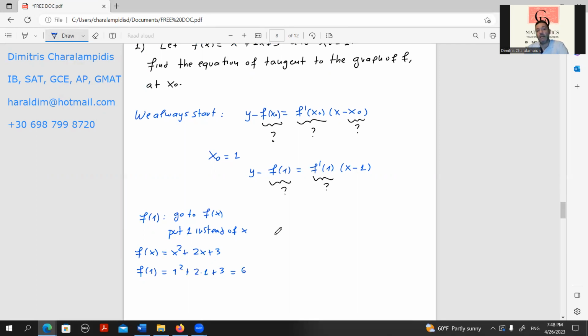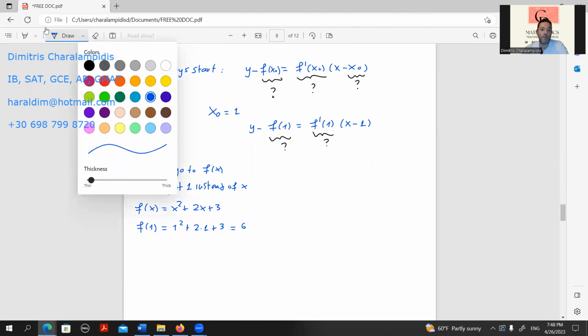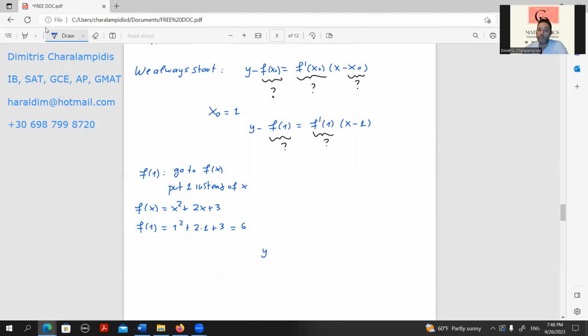So I can rewrite the equation of tangent into a new equivalent form. Instead of f of 1, I have found it to be equal to 6, so I rewrite it as y minus 6 equals f prime of 1 times x minus 1.